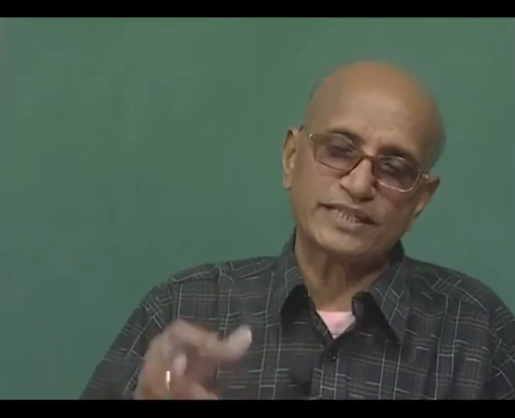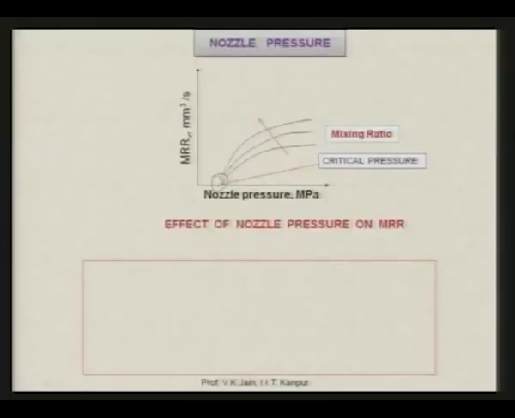Only above that particular kinetic energy, it will start penetrating inside the workpiece surface and removing the material. So, in all workpiece materials, you need a certain critical pressure, and that critical pressure will be different for different workpiece materials. It may to some extent depend on the size of the abrasive particles also.